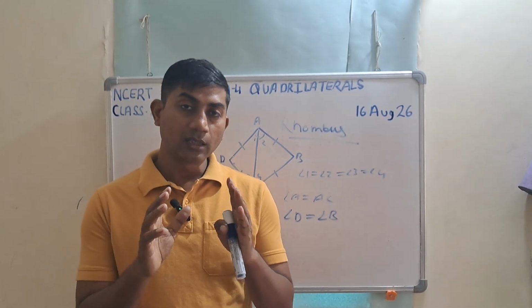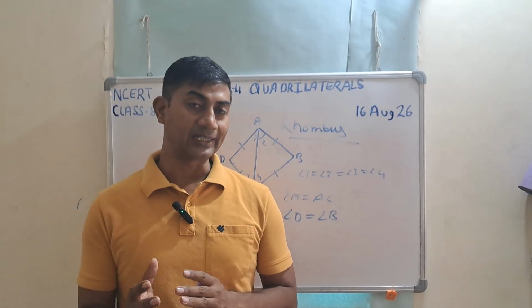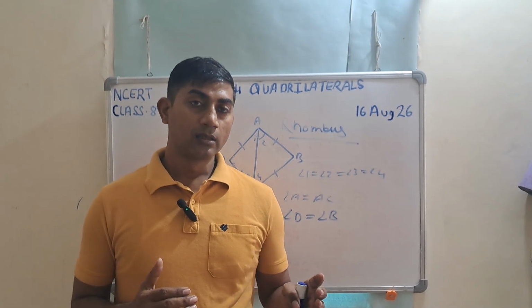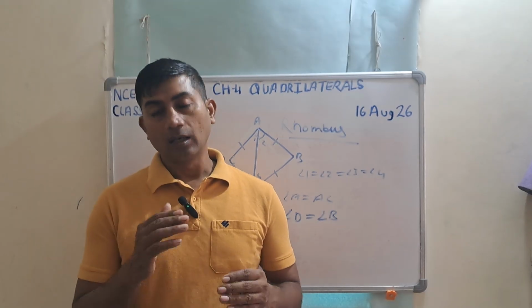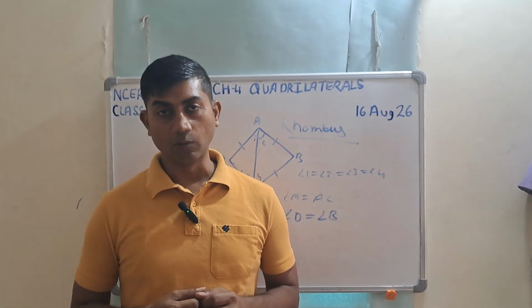So only the square is the common figure between rectangle and the rhombus.